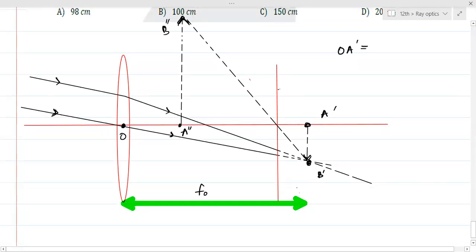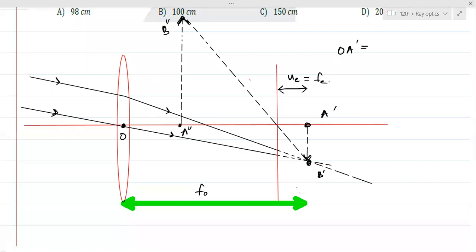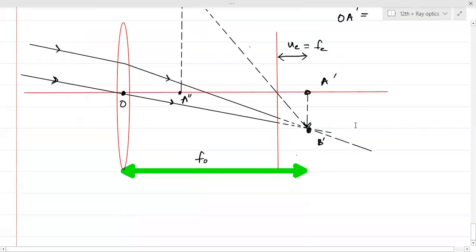Now eyepiece से लेकर A dash तक distance क्या होगा? UE. In normal adjustment, UE will be equal to FE. So here the length of the telescope, length of telescope इस केस में क्या हो जाएगा?